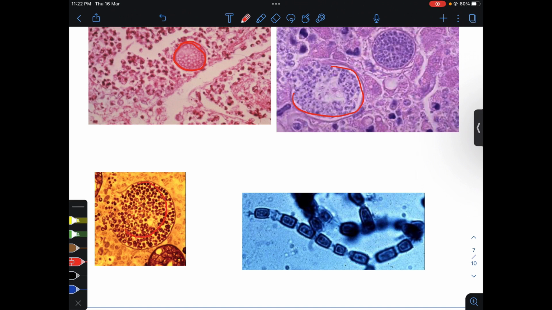And this one is barrel shaped, which we see on the lactose phenol cotton blue, as this is a blue color. So blue color is for lactose phenol cotton blue. For cultural morphology we use LPCB for culture, and in this we see a barrel shape.